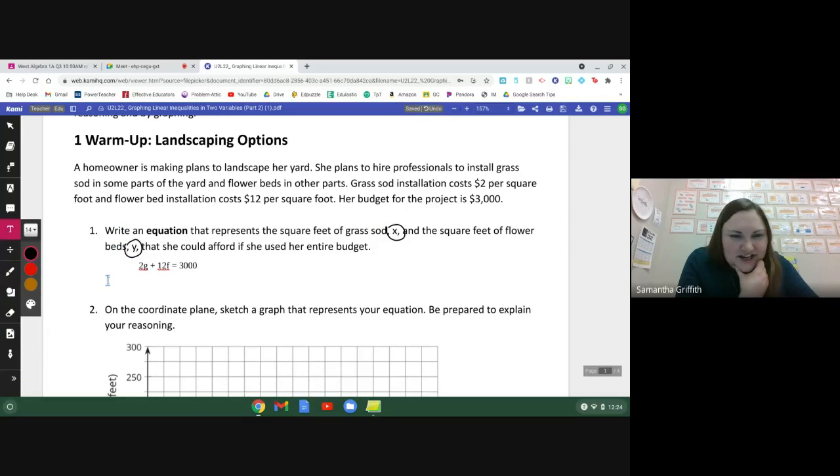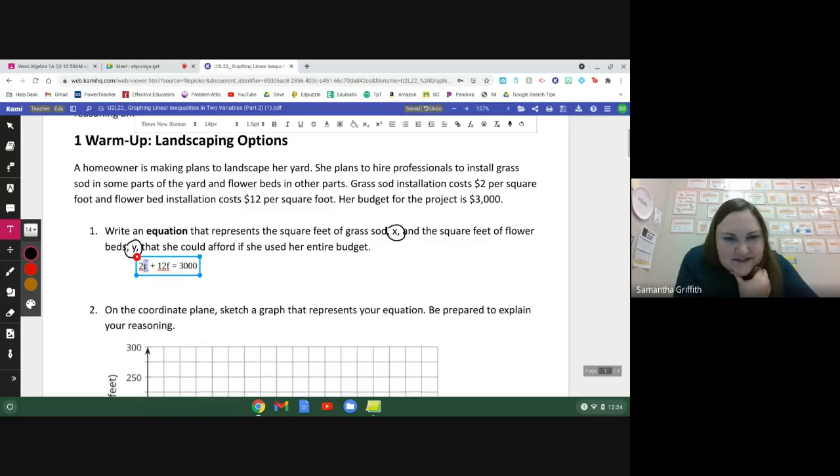I see where the G and the F are coming from, but let's change those. Should G be X or Y? X. And then the F, the flower beds, will be our Y there. Nice. So we get this here as our equation.